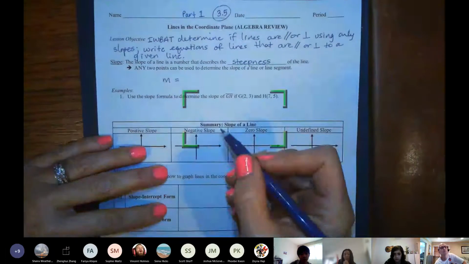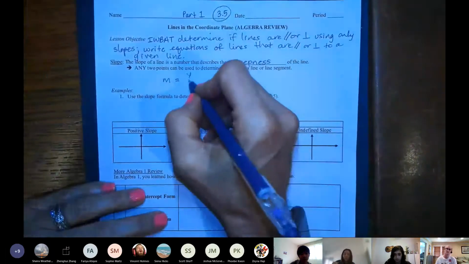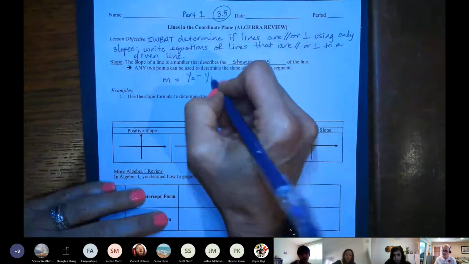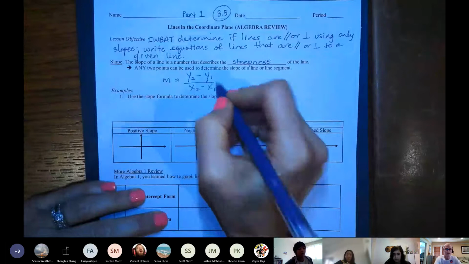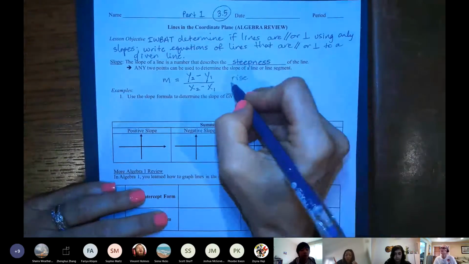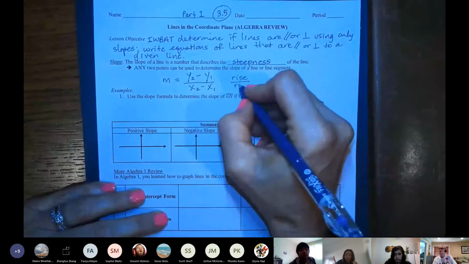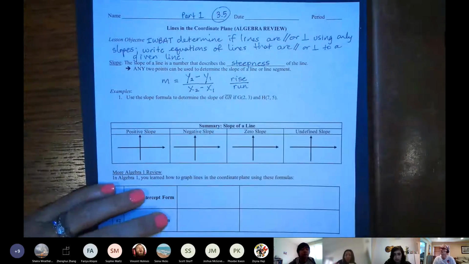I think s was already taken. And we refer to our 2 points as y sub 2 minus y sub 1 over x sub 2 minus x sub 1. You may also have heard this as rise over run. You have to rise out of bed before you can run across the street.